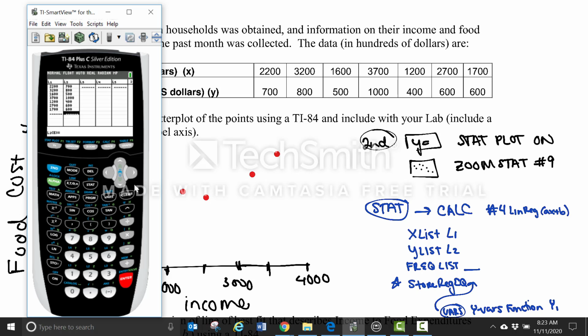In order to do that, you're going to want to take some notes on this because you'll have to do another one by yourself later. You can stat edit. Now that you're there, we want to stat plot it on the calculator, and here's how you do it. Hit second, y equals, and you want to turn your stat plot on, so hit enter.